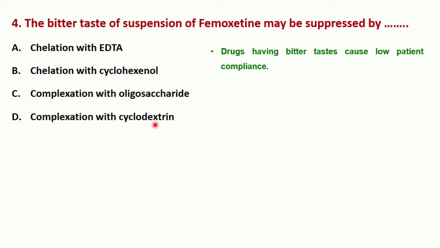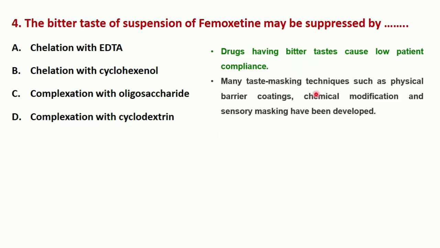Mostly, drugs having a bitter taste cause lower patient compliance, so we decrease the bitter taste in the drug formulation. Many taste masking techniques, such as physical barrier coatings like sugar coatings, chemical modifications and sensory masking, have been developed.